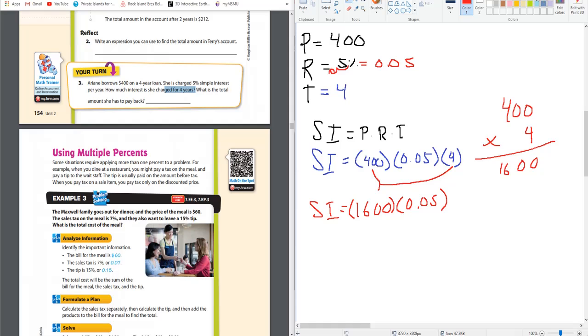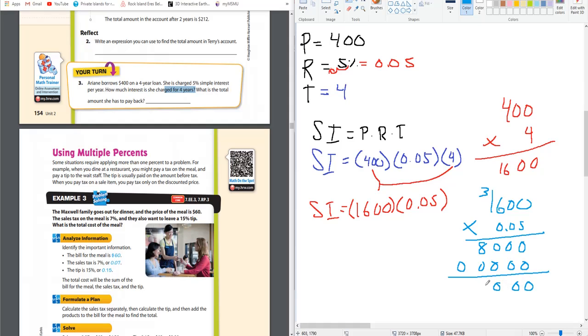So if we have 1600 times 0.05, 5 times 0 is 0, 5 times 0 is 0, 5 times 6 is 30, carry the 3. 5 times 1 is 5, plus 3 is 8. Carry the 0. Drop a 0, so 0 times 0 is 0, and so on. Add them all together. There are 2 decimals in the problem, so there are 2 decimals in the answer. Voila. So that means that my simple interest is $80.